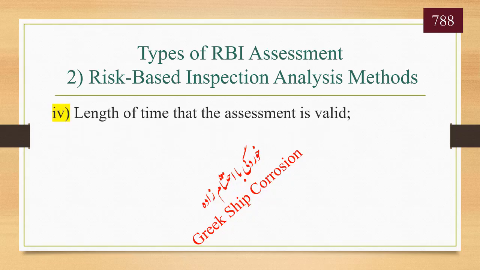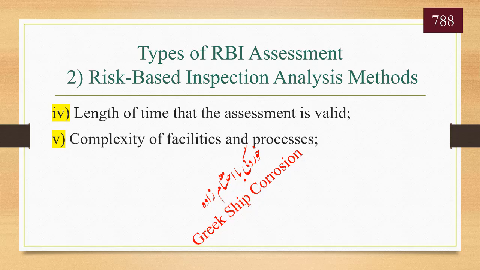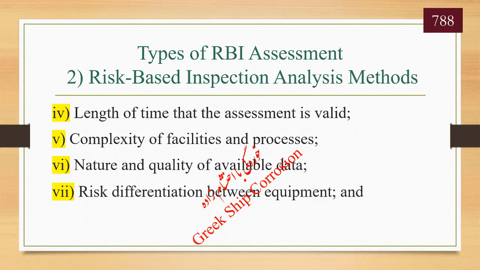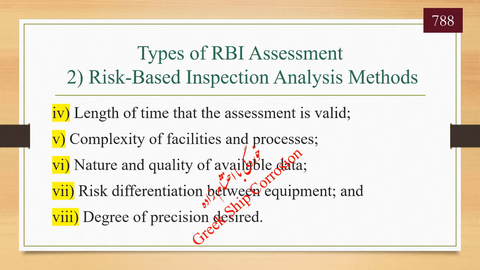Length of time that the assessment is valid. 5. Complexity of facilities and processes. 6. Nature and quality of available data. 7. Risk differentiation between equipment. And 8. Degree of precision desired.